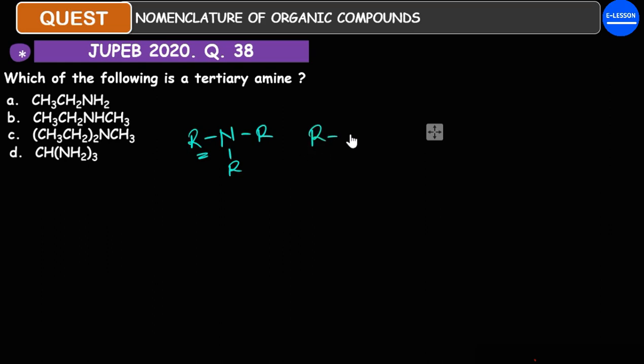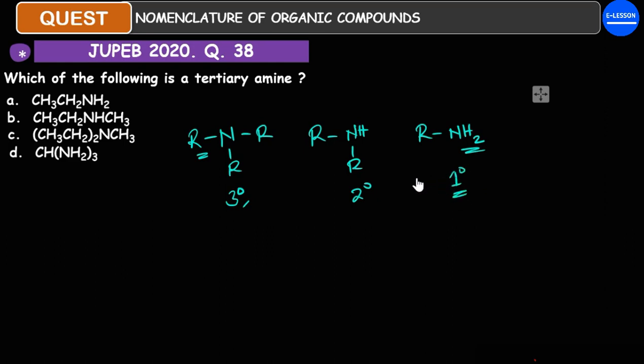If you have two alkyl groups and one hydrogen, that amine is a secondary amine. Where you have just one alkyl group and two hydrogens, that amine is a primary amine. So this one is 3 degree, tertiary, this is 2 degree, secondary, and this is 1 degree, primary.